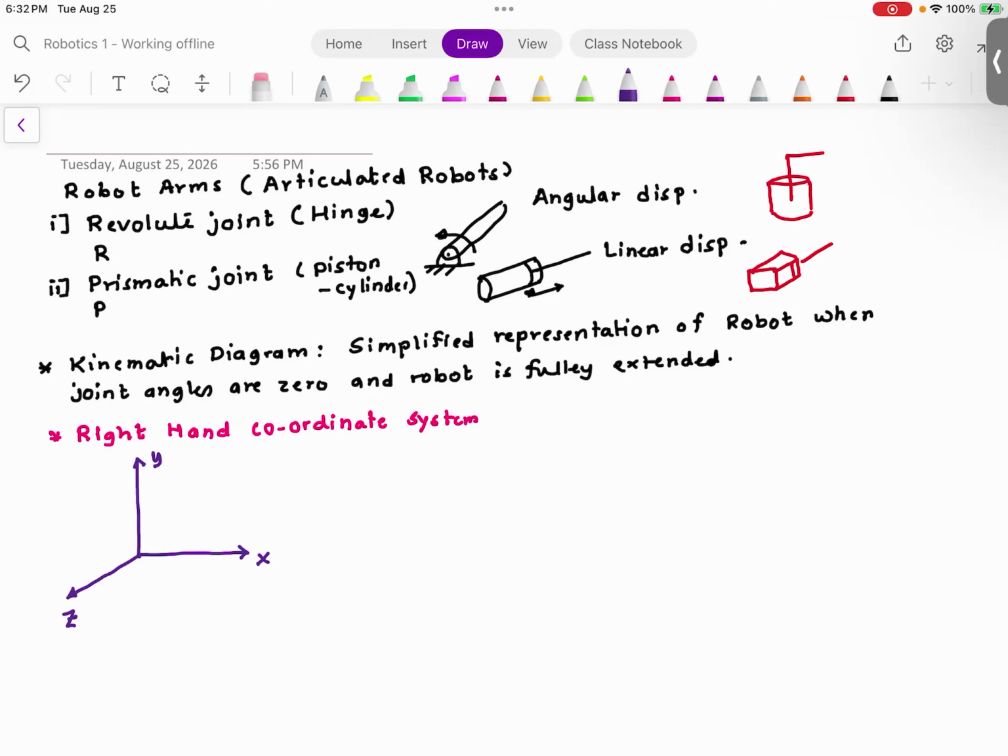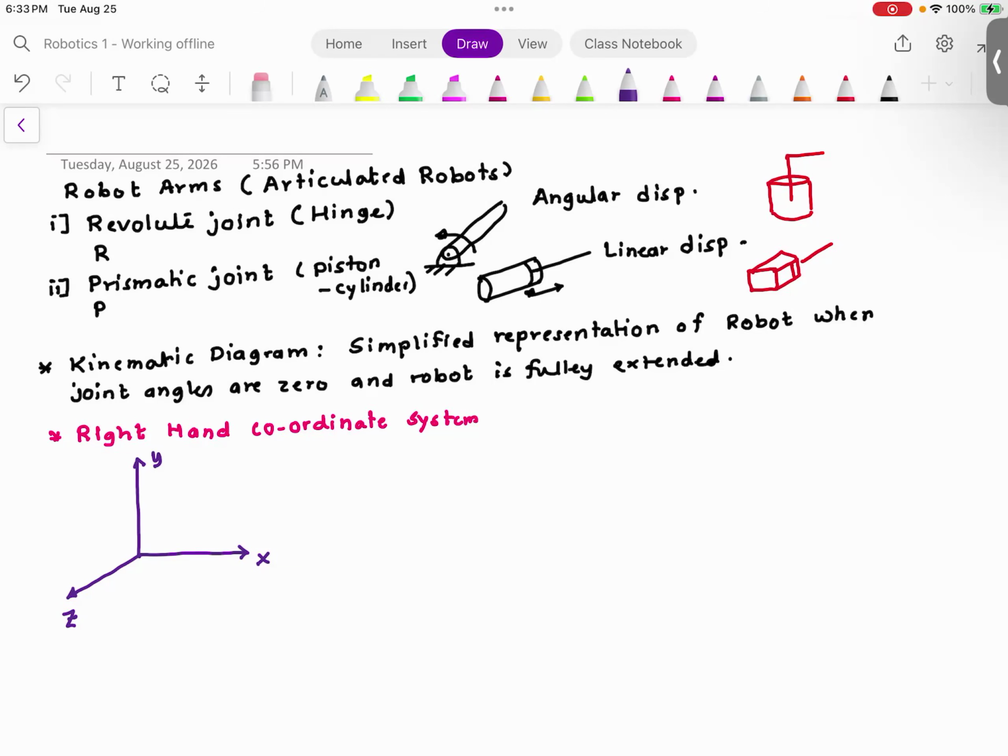So now how do you identify which axis is x, which axis is y, and which axis is z? For that, you will use your right hand. You have the thumb, the first finger, and the middle finger. Now think about it. When you are drawing on a graph paper, the horizontal axis is going to be the x-axis, and the vertical axis is going to be your y-axis.